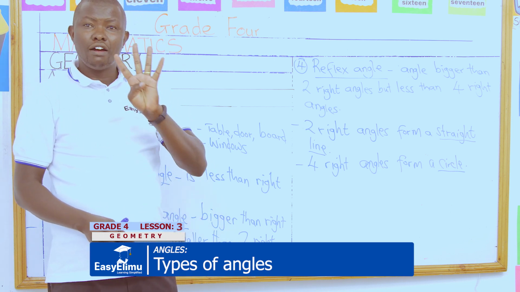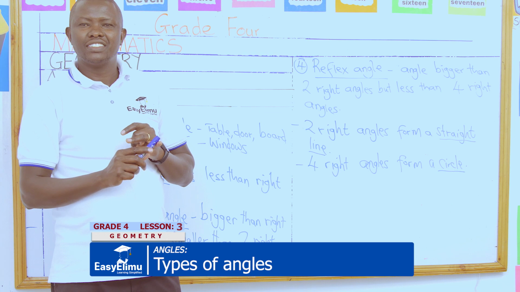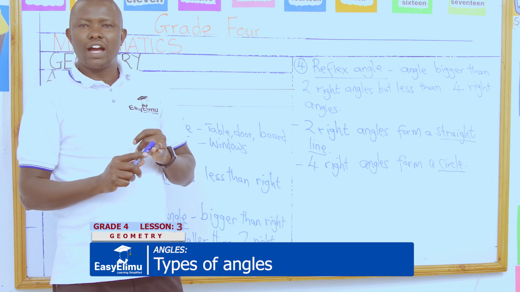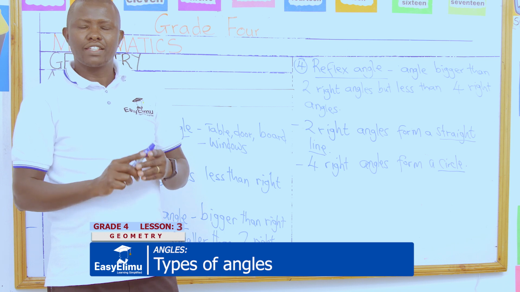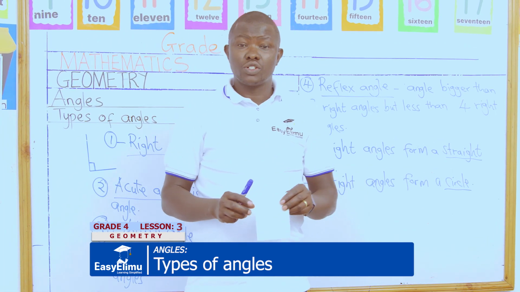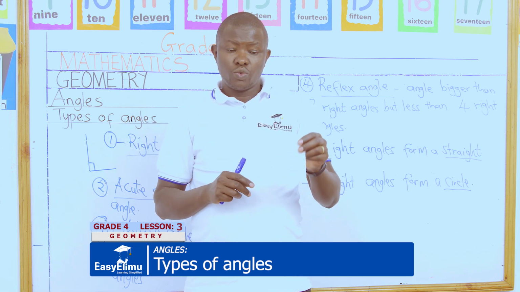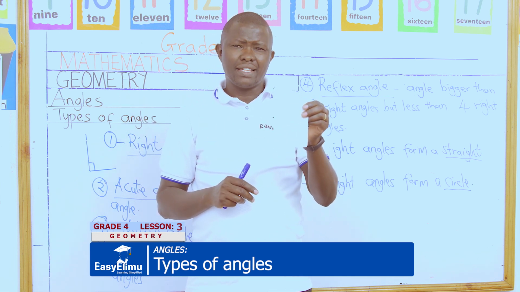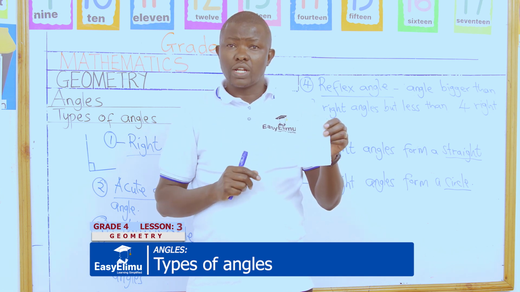Today we have learned 4 types of angles: right angle, acute angles, obtuse angles, and reflex angles. And we have demonstrated how to make a right angle using our paper cutout. The second one, we said an angle smaller than this, smaller than this right angle, is called an acute angle.